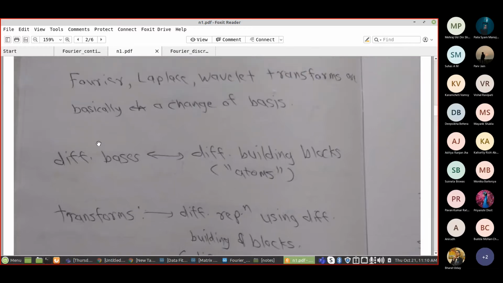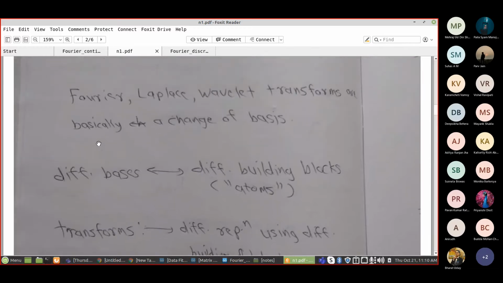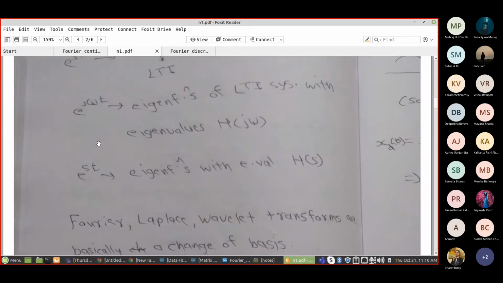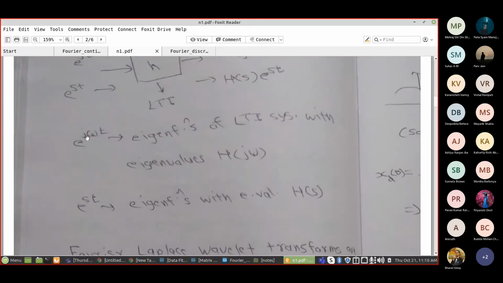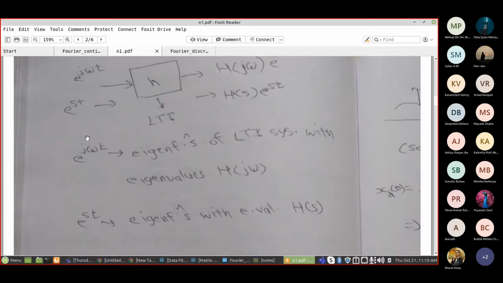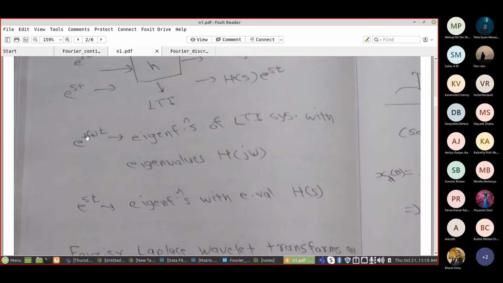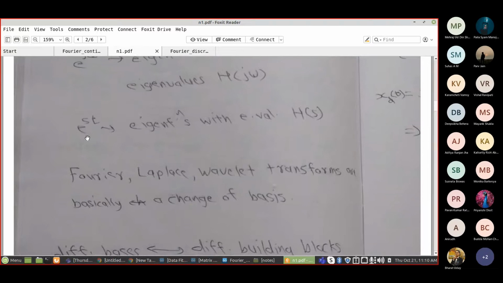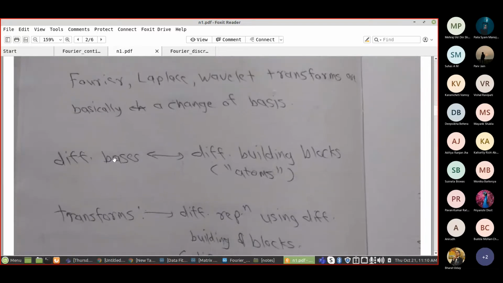So for example, when you decompose your signal in terms of complex exponentials, you can see how many high frequency components and how many low frequency components there are, which is not apparent from the time domain representation. So this idea is prevalent.